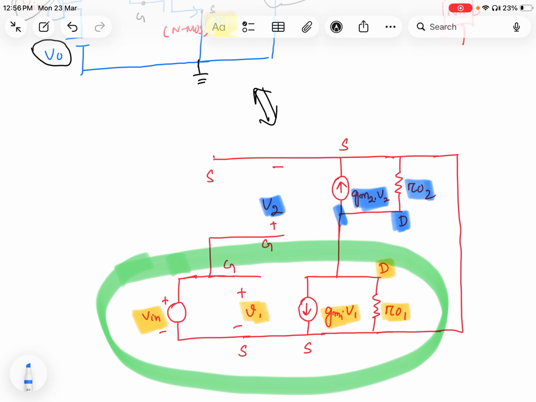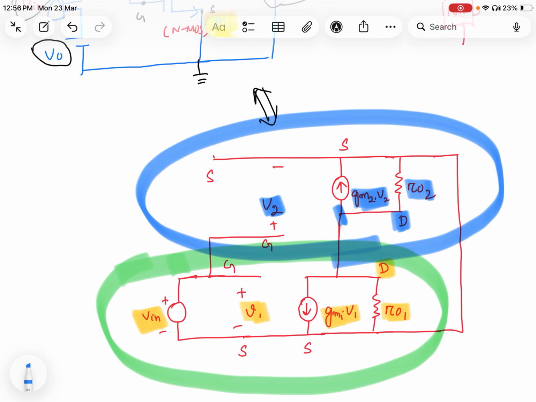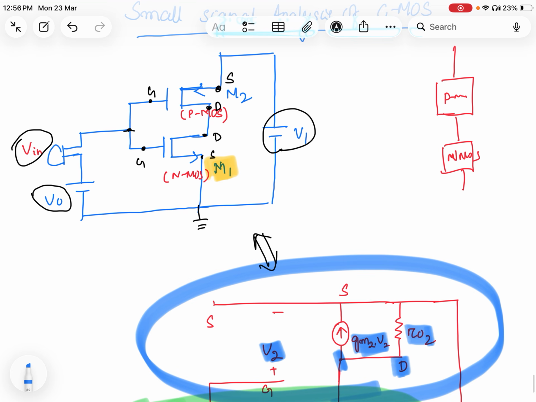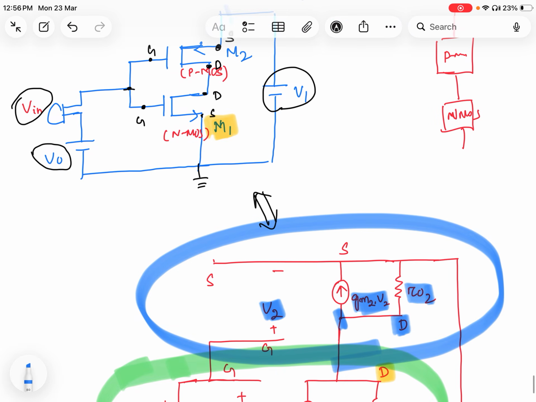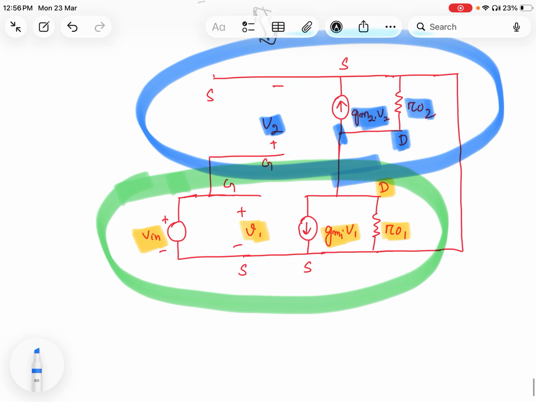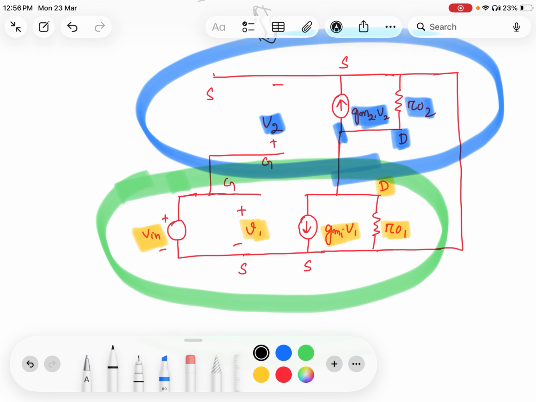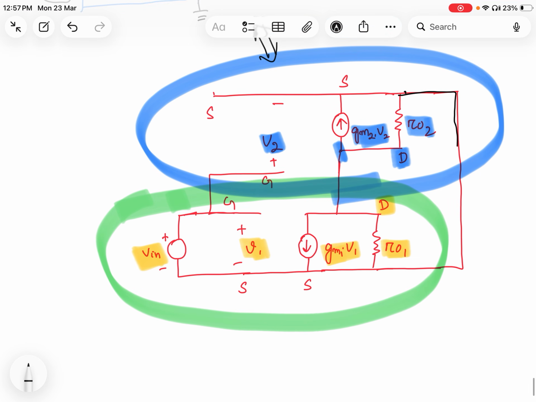In this blue color, this is your PMOS. Both drains are connected together, and as V1 is short circuited, the source of the PMOS and the source of the NMOS are connected here, like this. This is the small signal modeling for the CMOS.